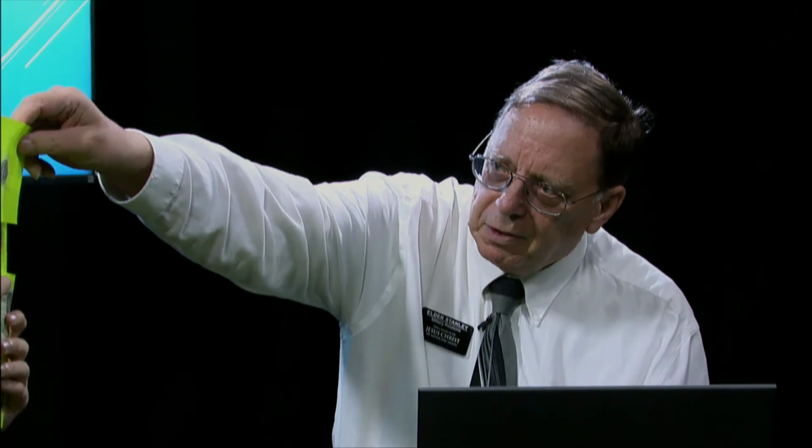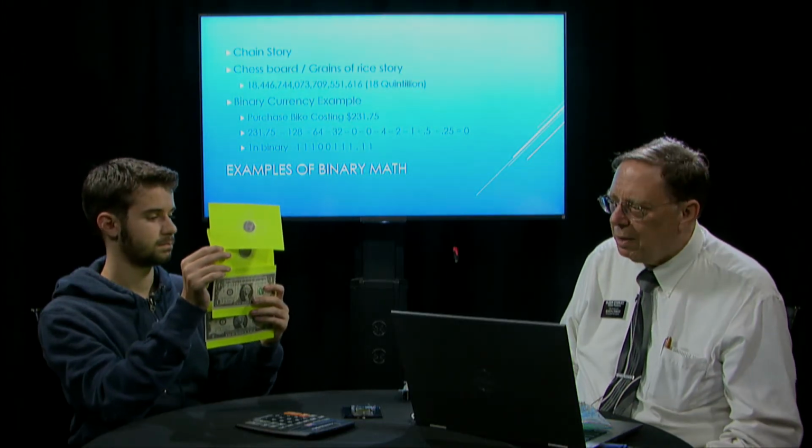If you go the other way, we have a 50-cent piece, half of a $1 bill, and we have a 25-cent piece, which is half of a 50-cent piece. So in that range, our number system is actually binary.